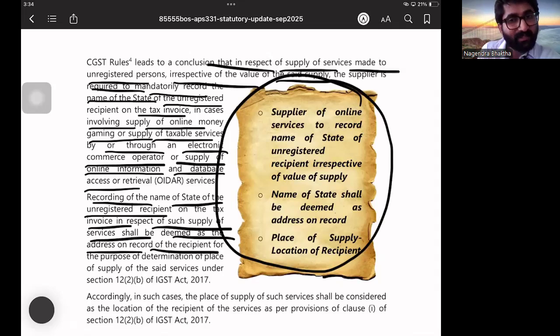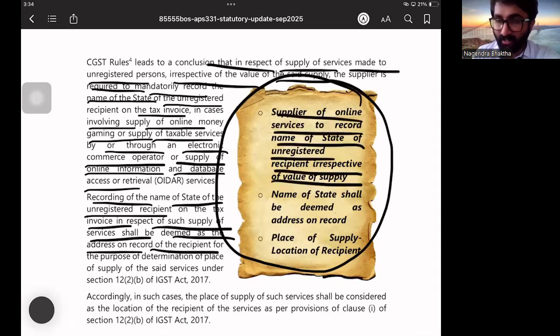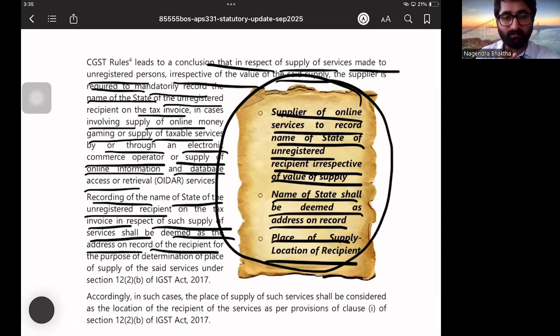This state itself is considered the place of supply. Irrespective of the value of the supply, that has to be mentioned in the invoice. The name of the state shall be deemed as the address on record, and the place of supply is the location of the recipient.